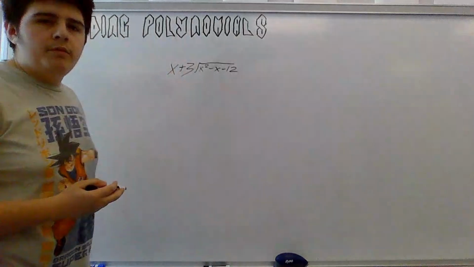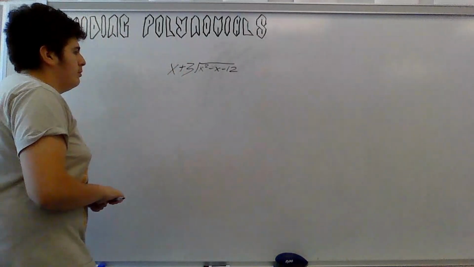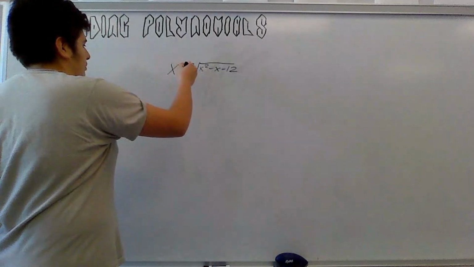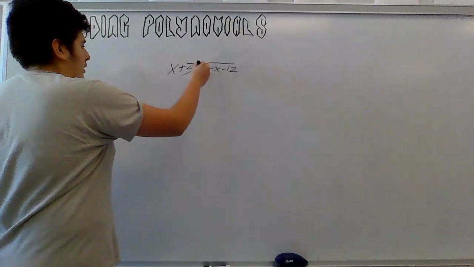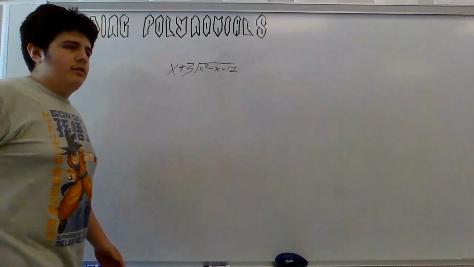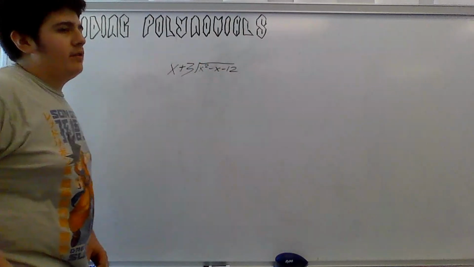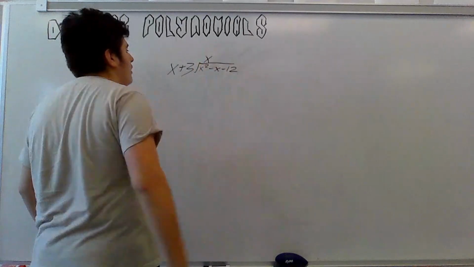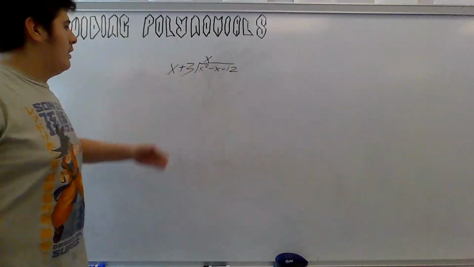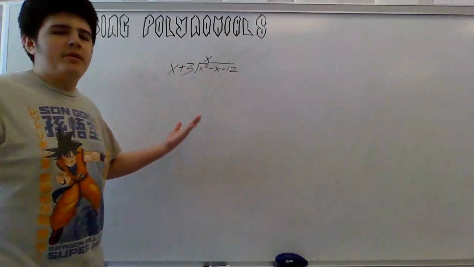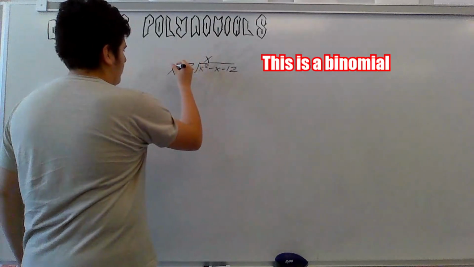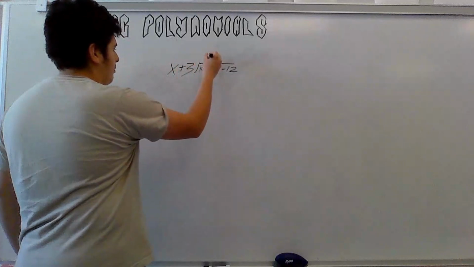So for this one, you basically have to find a result that factors out x squared. So in this case, x times x is x squared. So we will first use x as our beginning polynomial. And you multiply this polynomial by this.